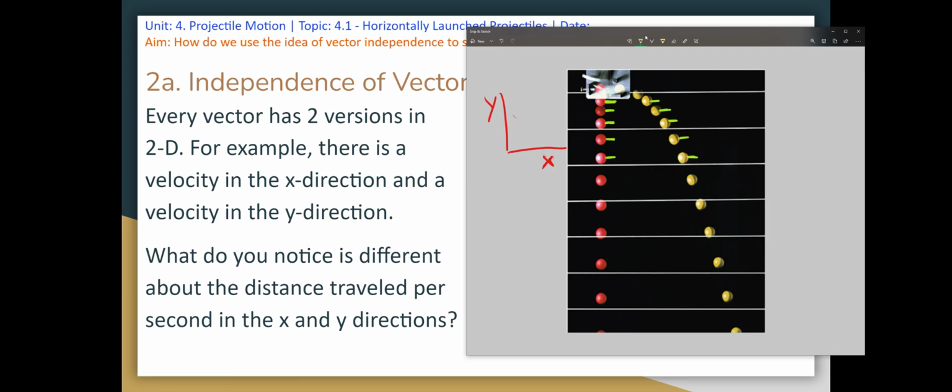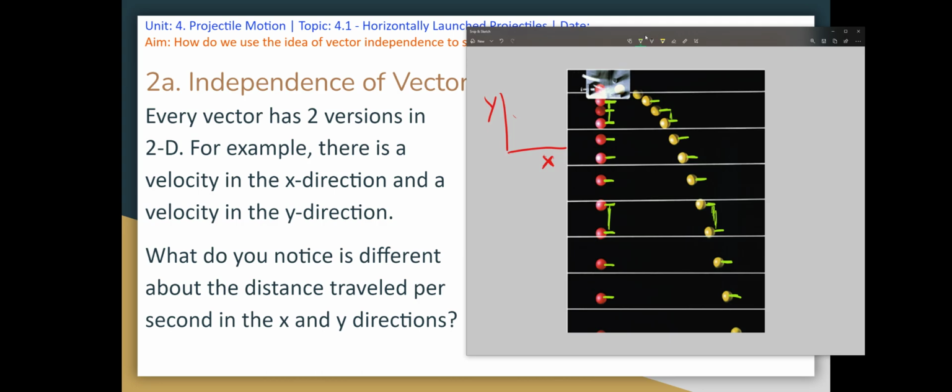You will see that your vertical distance traveled each second increases. Here you don't have as much vertical distance traveled, but as you continue going down, my vertical distance increases as the object goes down.